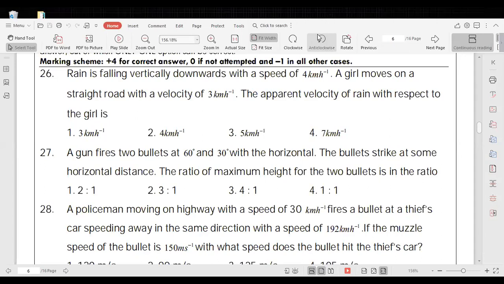That's why for the velocity of the bullet with respect to man we have to write 150. Velocity of the policeman alone is 25 by 3 meter per second. Velocity of the thief is equal to 192 kilometer per hour, that is into 5 by 18 meter per second.